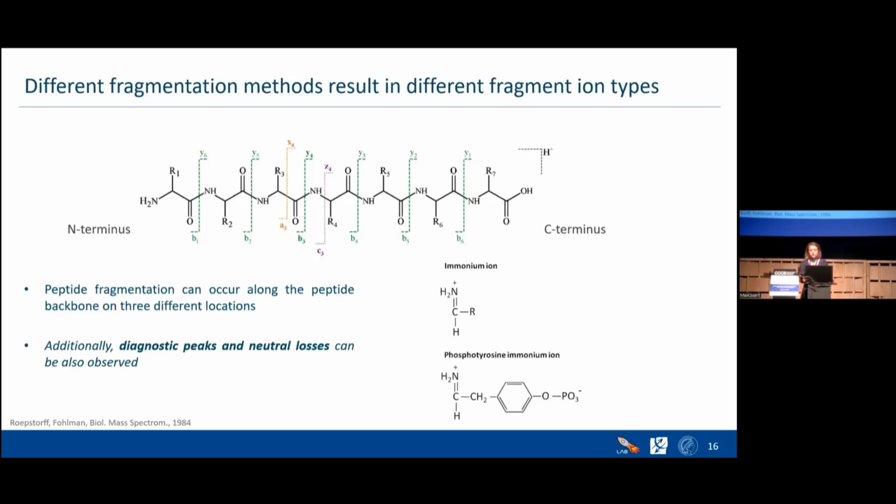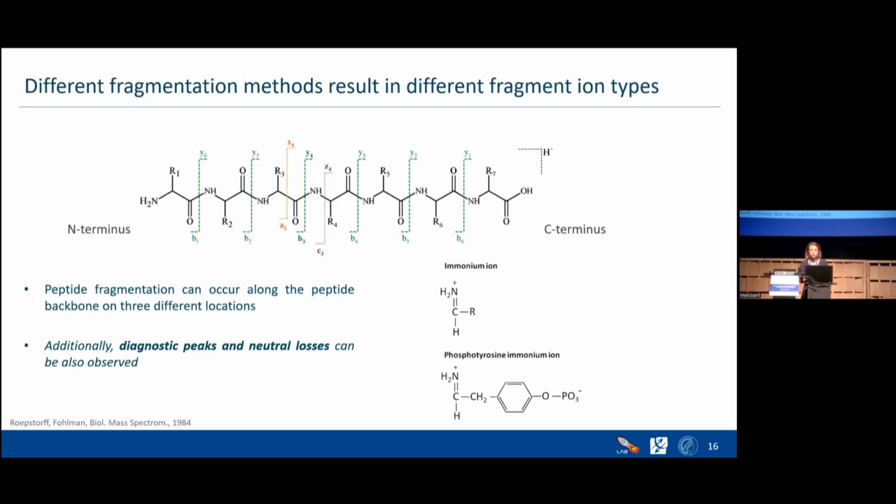Depending on the fragmentation method, it's important for us on the database search level to understand if there are other diagnostic peaks or neutral losses. Neutral losses are losing water or ammonia. On the fragment ions, we are just losing this water or ammonia. But diagnostic peaks are different.